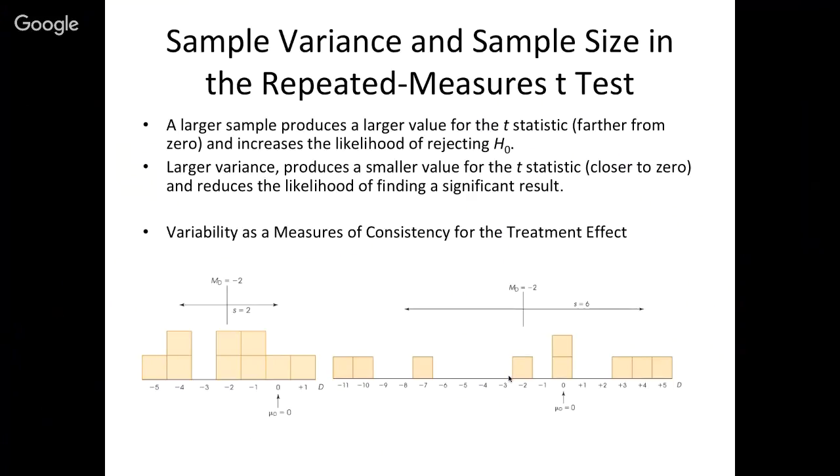It doesn't have a stable treatment effect. Sometimes the treatment effect is positive, but sometimes it is negative. So the variability can be considered a measure of the consistency of the treatment effect. The smaller the variability, the higher the consistency of the treatment effect.